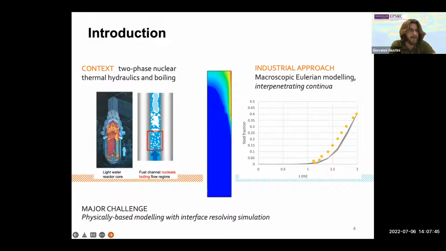Now, the application I'm most interested in is the application of boiling to nuclear power, and in particular light water reactors. In the core of these kinds of reactors, we have a two-phase mixture of liquid water and steam undergoing boiling. The conventional approach used in industry is to consider that we have a mix of steam bubbles and single-phase liquid in our fuel channels, but more generally, say, in a pipe.